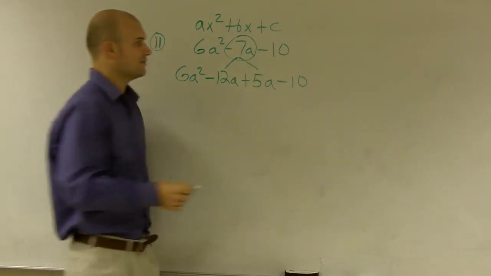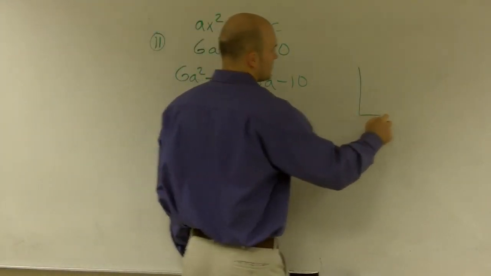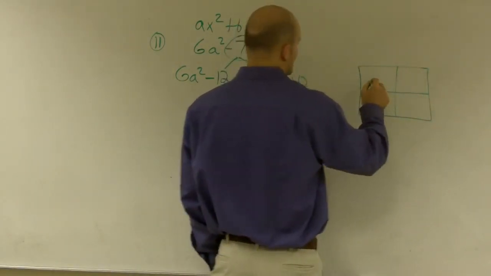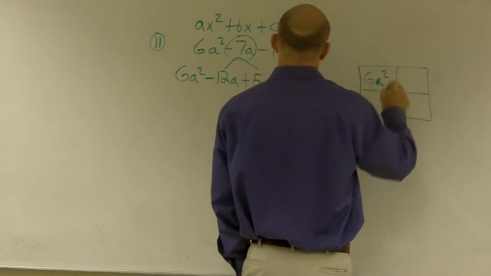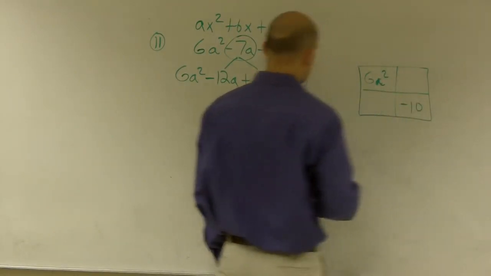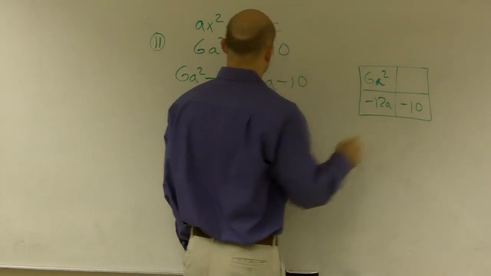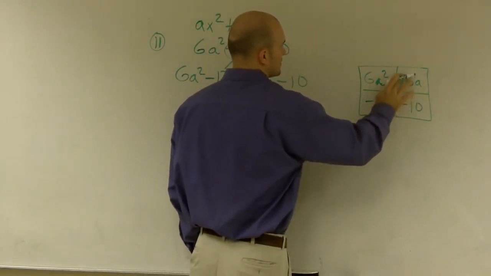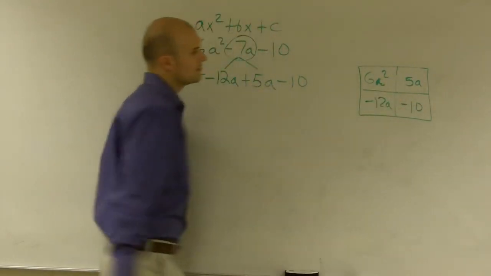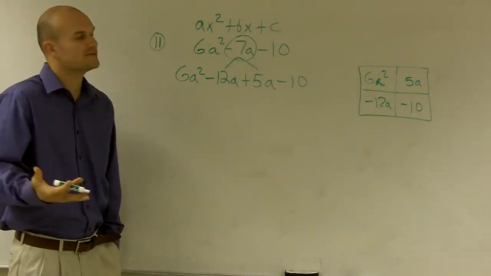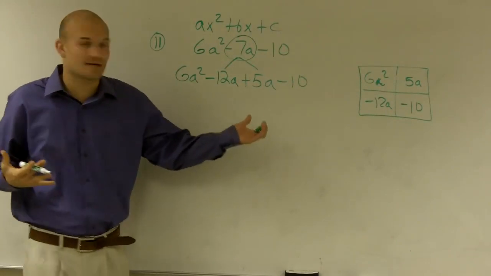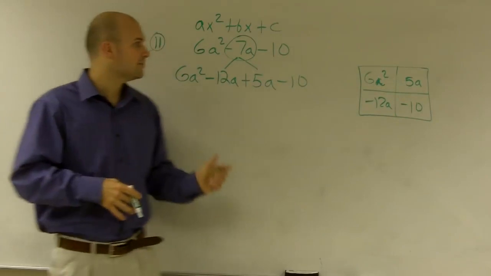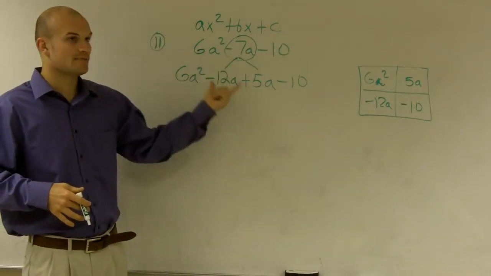The other way you could do it is what we call the box method, where you take your a, which is 6a squared, and your c, which is negative 10, with negative 12a and 5a. So there are two different ways to do this. You're essentially doing the same thing. This is just a way to organize it differently. All I did was rewrite my middle term.